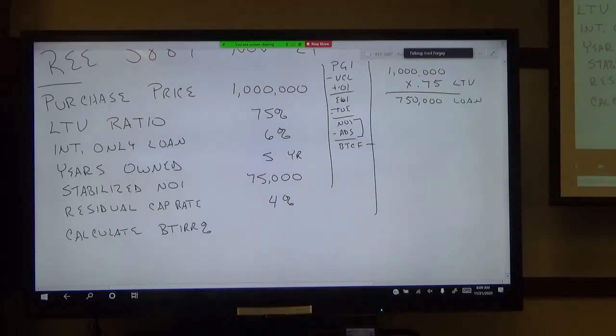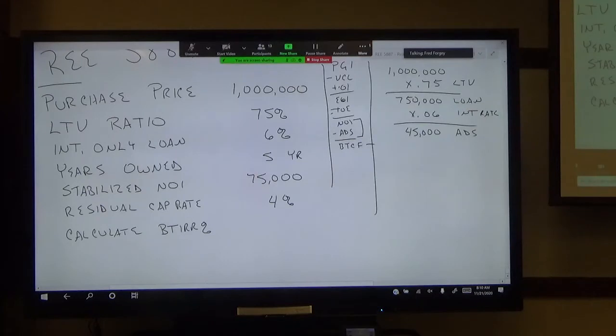And the interest rate on that loan is 6%. So far, which then would be 45,000 as our annual debt service, okay?